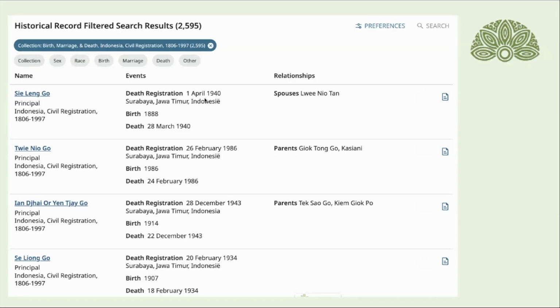Sometimes it's a death registration 1940, death registration 1986, so that's quite recent. Death registration December 1943, so in the Japanese occupation time. Death registration 20 February 1934. So there is quite a lot of information, and not only for Europeans, but also for the Chinese population.